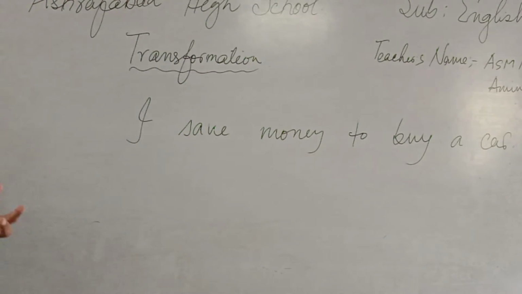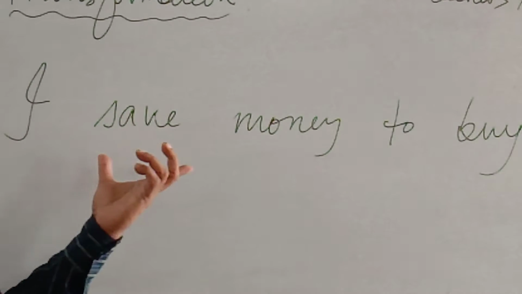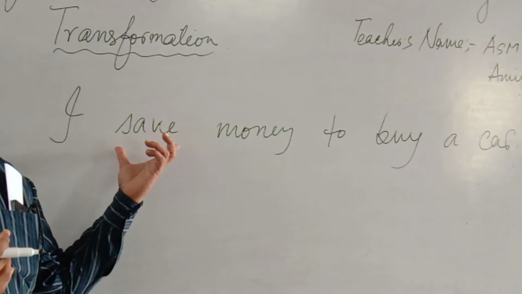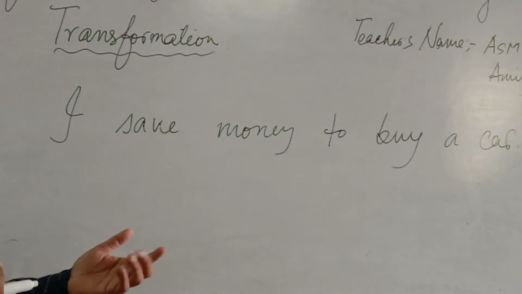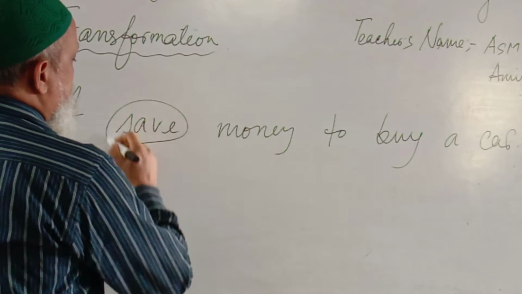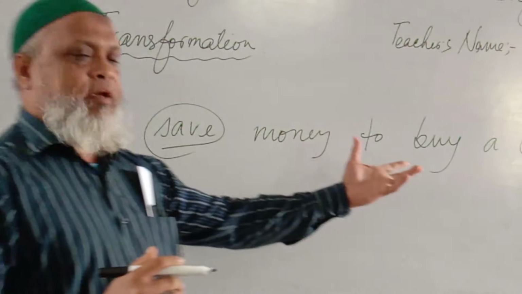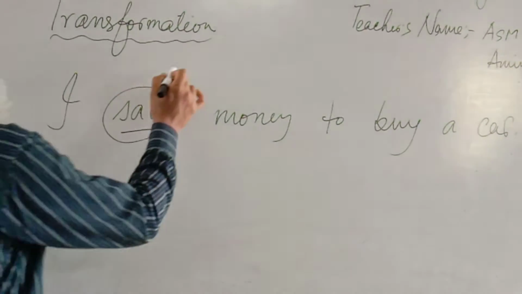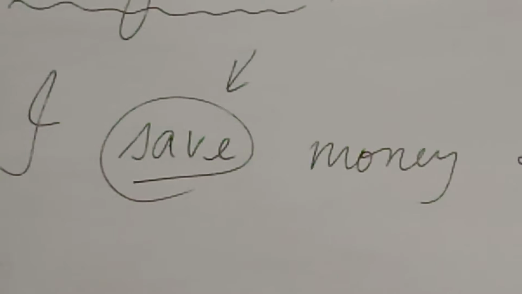We already know a simple sentence must have a finite verb, and any other verb will be non-finite. The verb here is save. Why do I save money? To buy a car. This is a simple sentence because there is only one finite verb here, that is save.